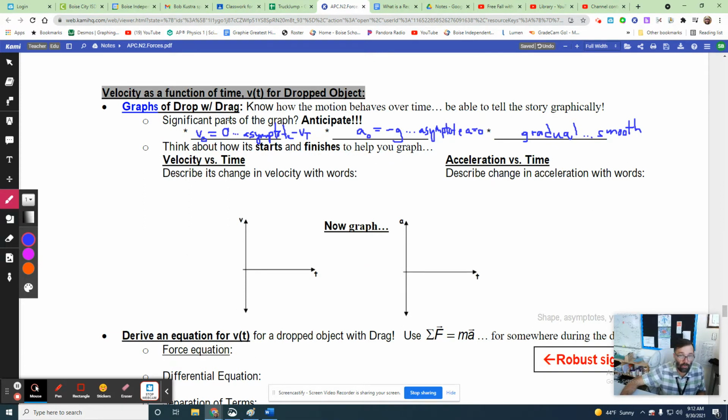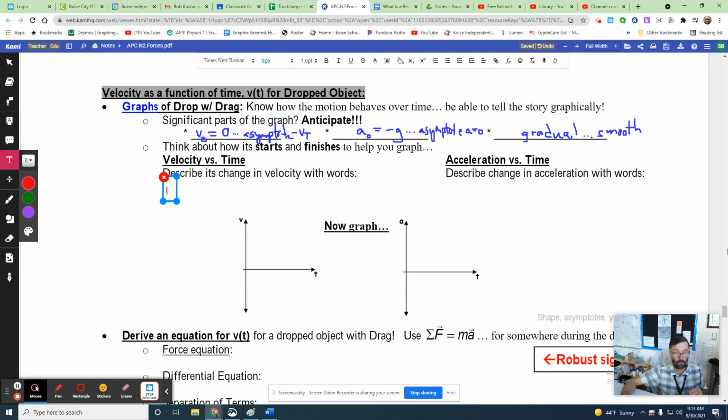So let's make for a drop with drag. Let's describe its change in words. Okay, so it starts from rest and gets faster over time to reach some constant speed. It's going to reach a terminal velocity.